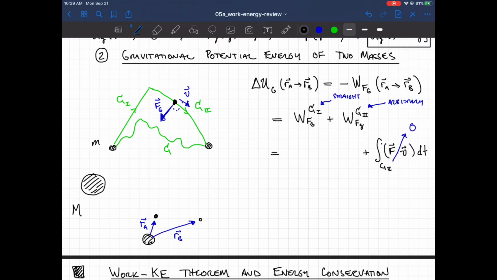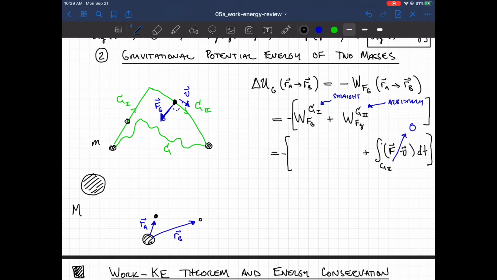So what I'm left with is just the work done along the first path, and I've lost a minus sign in all of this. So we have minus that thing here. So here's my minus sign. And then on the first path, C1, I chose it to be a straight path, and the force is changing along that path. So I can use that other definition of the work.